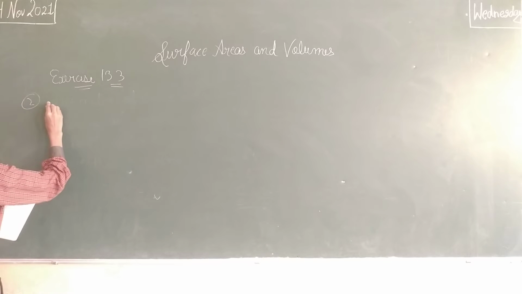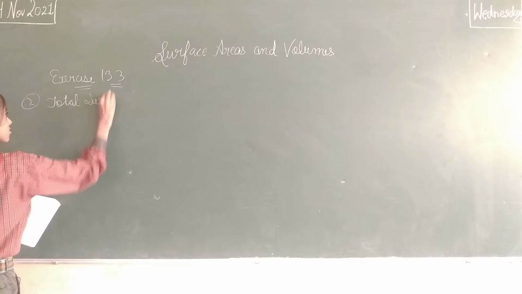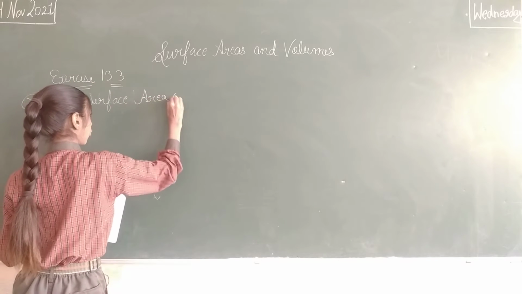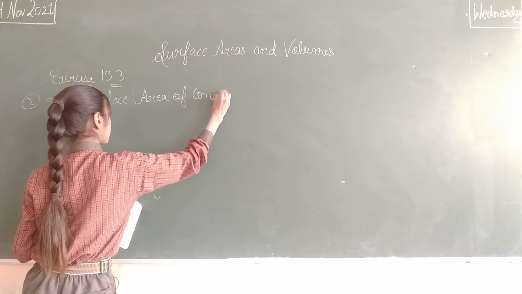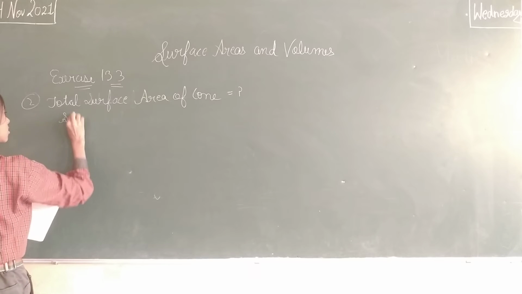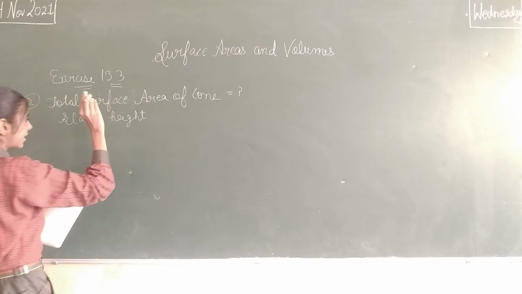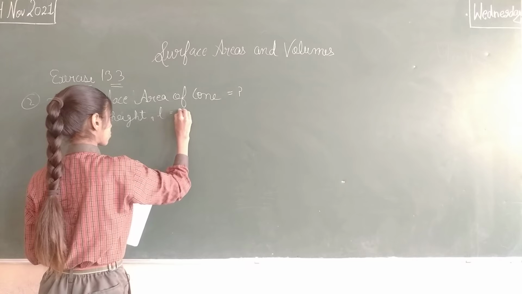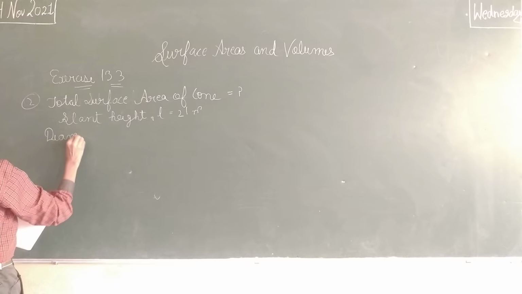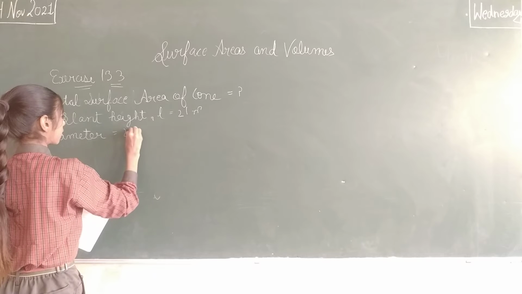In the second question we have to find out the total surface area of the cone, and slant height, which is represented by L, is given as 21 meter, and diameter is 24 meter.